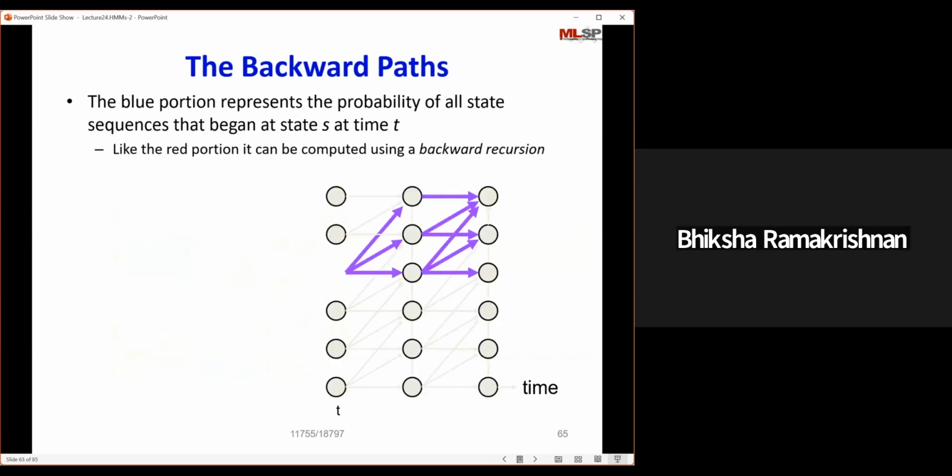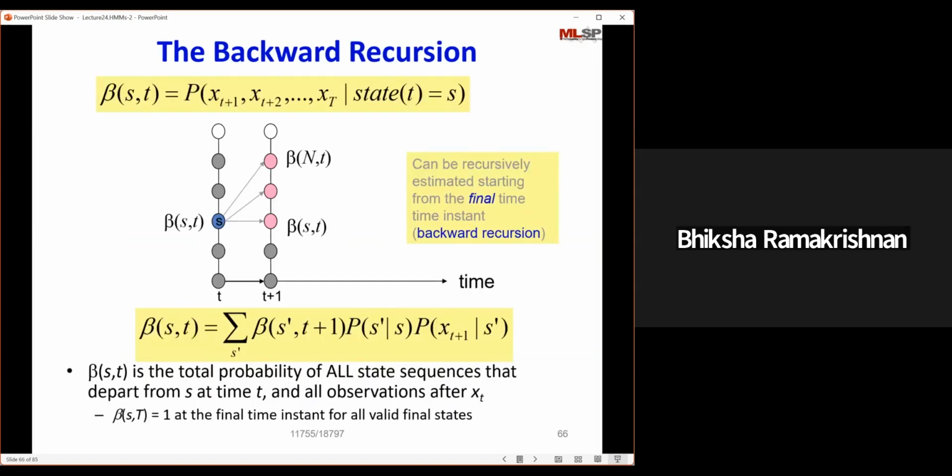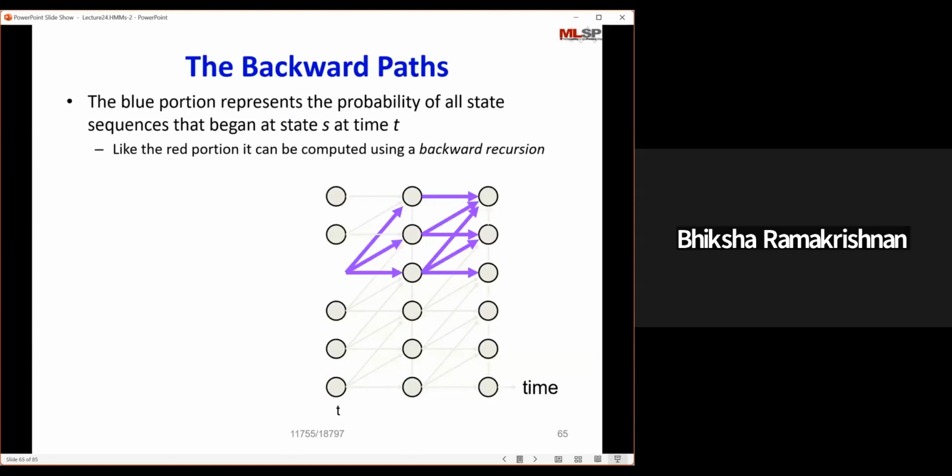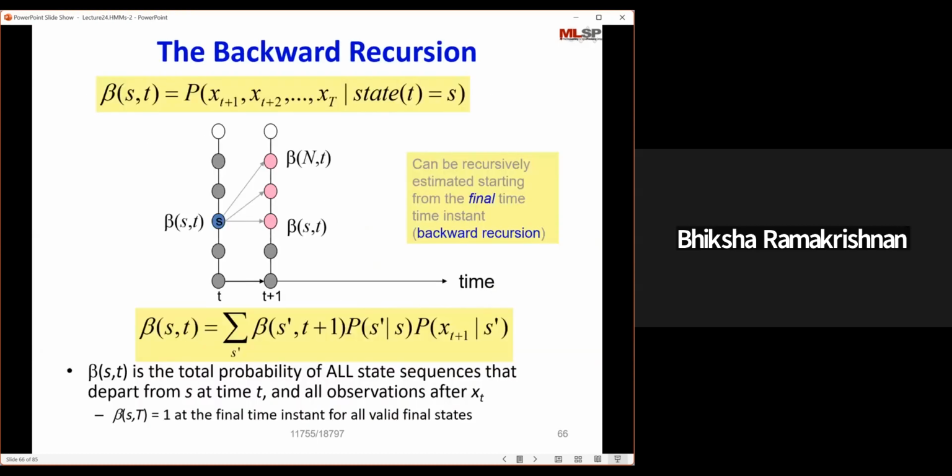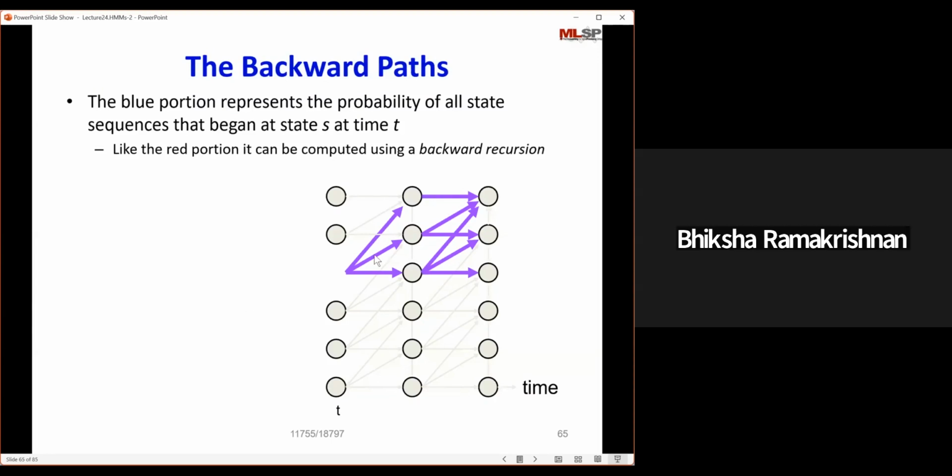So the question is, what is the probability of this portion of the trellis? Now for this, we can compute this much like we computed the alphas. This is the probability that the process generates all future observations given that it is in state S at time t.